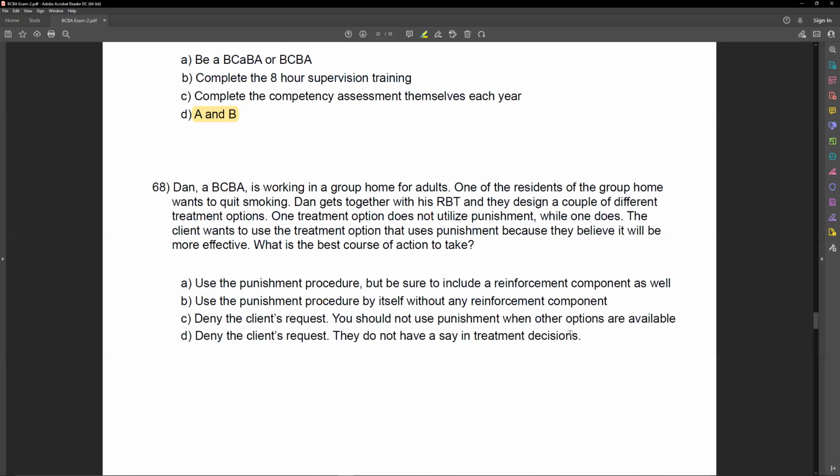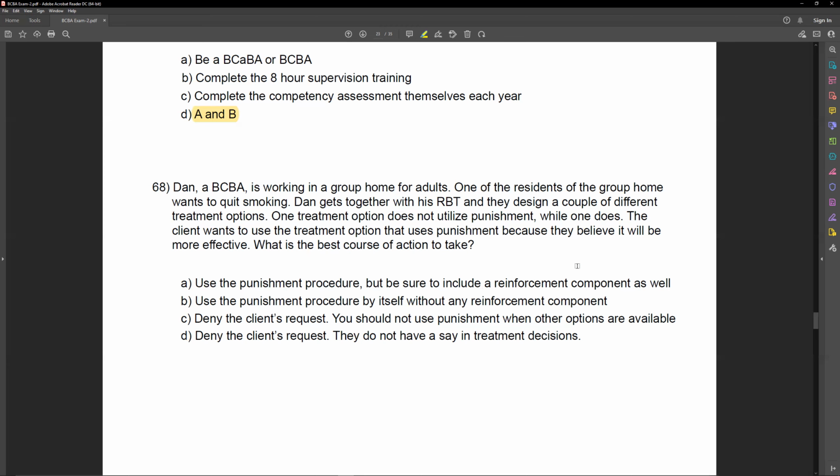That's the cool conundrum here, right? We've got two equal interventions, but the client wants to use the one with punishment. We know we're supposed to avoid punishment when possible. What takes precedence here? Does the client's opinion matter? Let's see. A, use the punishment procedure, but be sure to include a reinforcement component as well. Yes, right?